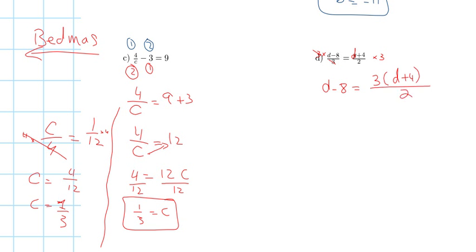And then to get rid of that division by 2, I have to multiply by 2. And that gets rid of this, which gives me 2D minus 8 equals to 3D plus 4. Okay? So this is the math behind it, right?